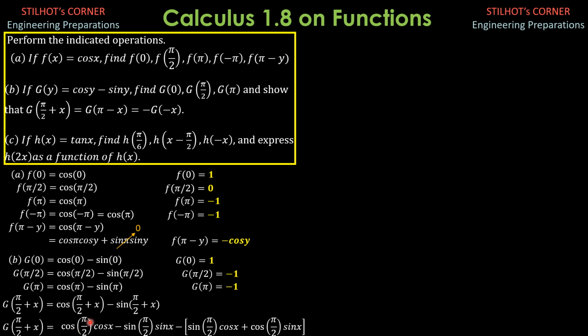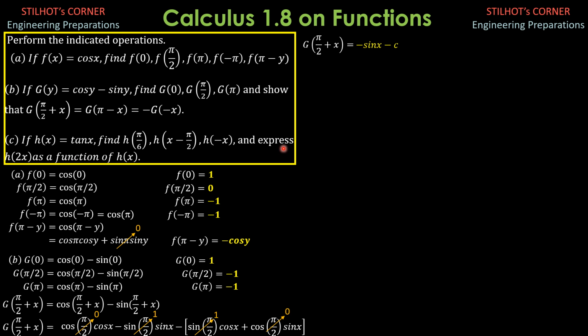Cosine of pi over 2 is 0, while sine of pi over 2 is 1. Then sine pi over 2 is 1, cosine of pi over 2 is 0, so that means this is 0. Then we have negative of cosine x here, and here we have negative of sine x. Therefore, g of pi over 2 plus x is negative sine x minus cosine x.